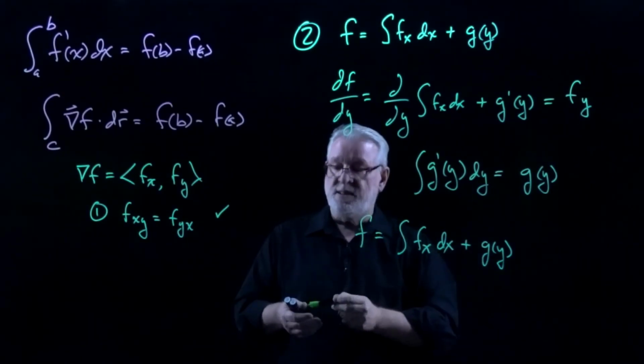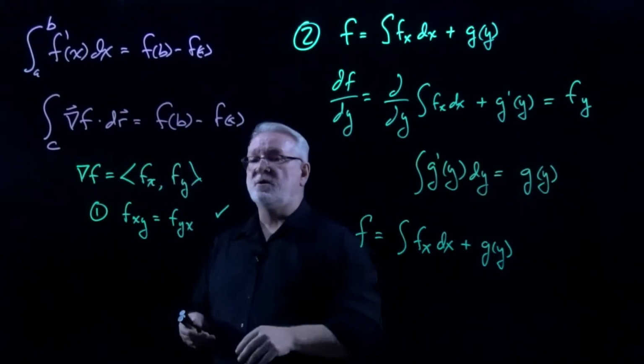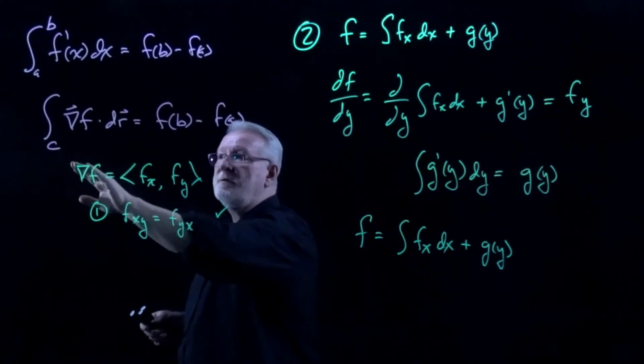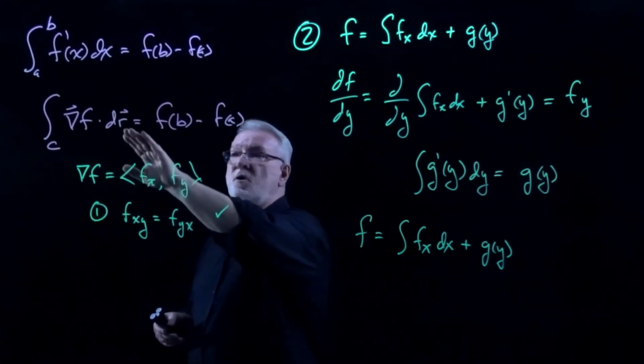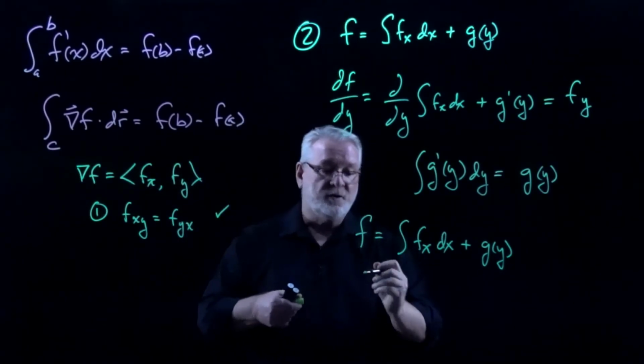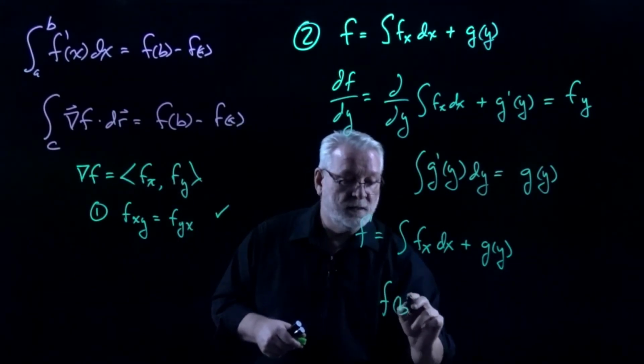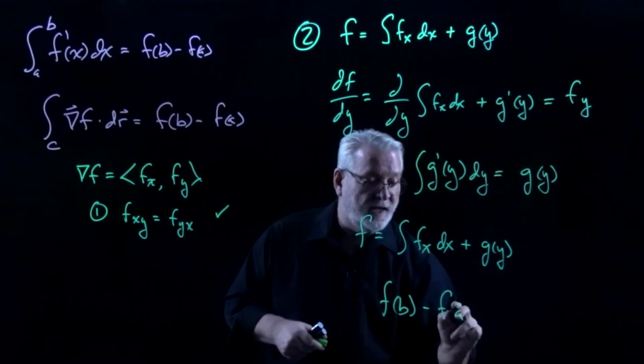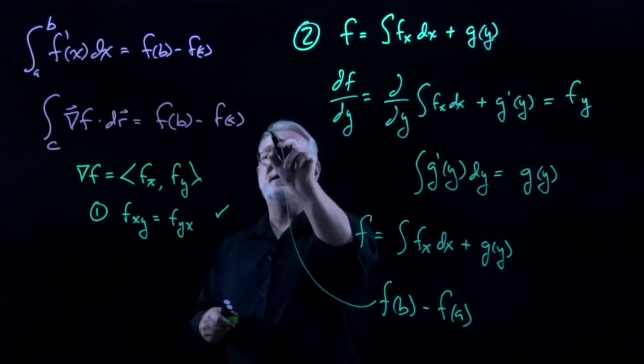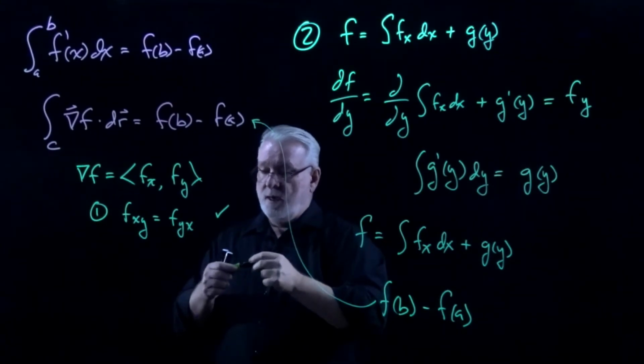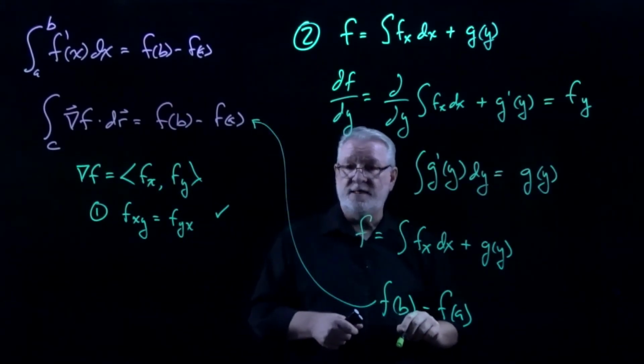If this function exists, then the answer to this integral is simply to take the endpoints of the curve, ignoring the path, and evaluate f of b minus f of a, and that will give you the answer to this integral. Keep in mind, this is not a universal process.